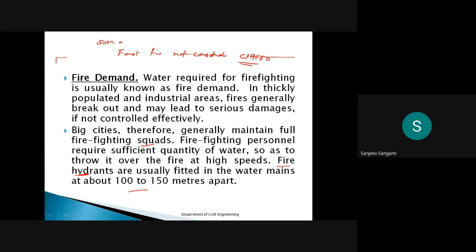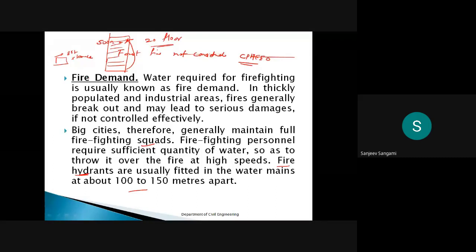For example, you have a first storey building, assume that it is a first storey building. Then you have a tall building of 20 floors.